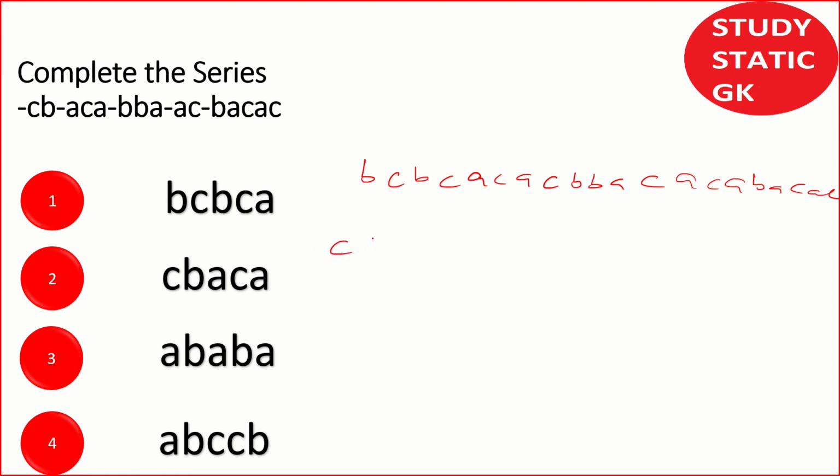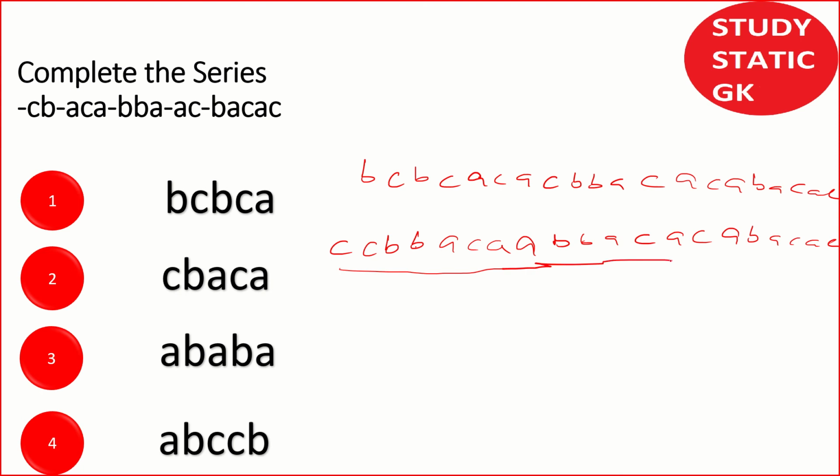Again, CCB. Second one is BACA. Third one is ABBA. Fourth one is CAC. Fifth one is ABACAC. CCBBACABBACACAB. CCBBACABBAC.